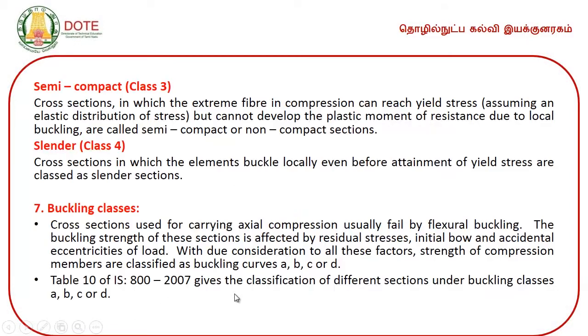So due to all these things buckling may occur, or the buckling strength of the member will get affected, and based on that, buckling curves a, b, c or d are prescribed in the code. And classification of different sections under buckling classes a, b, c, d is given in table 10 of IS 800 2007.